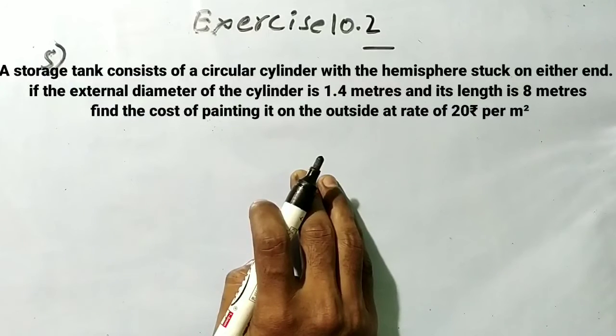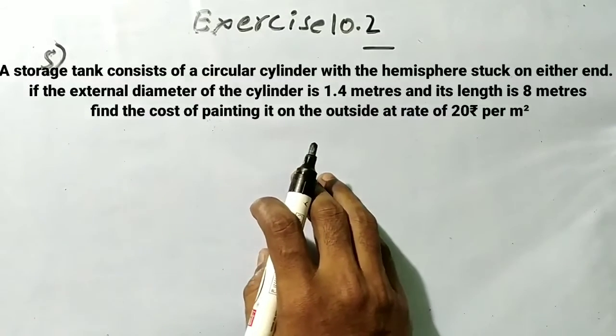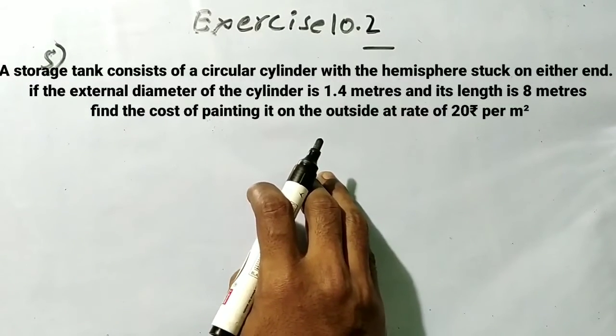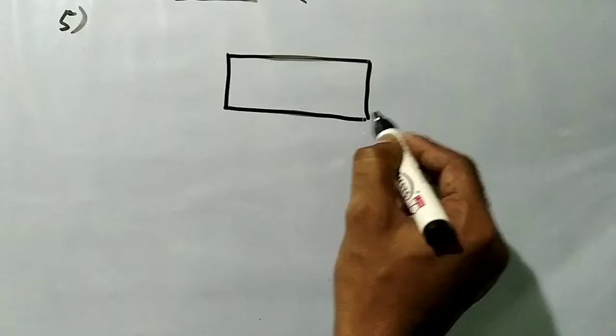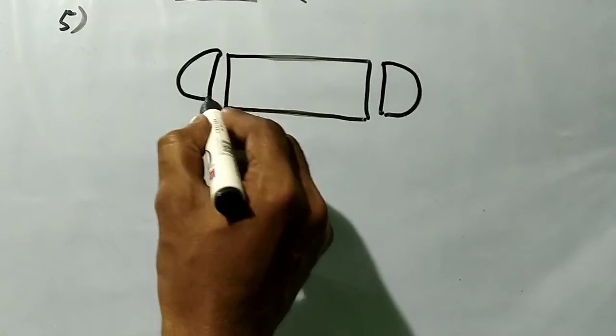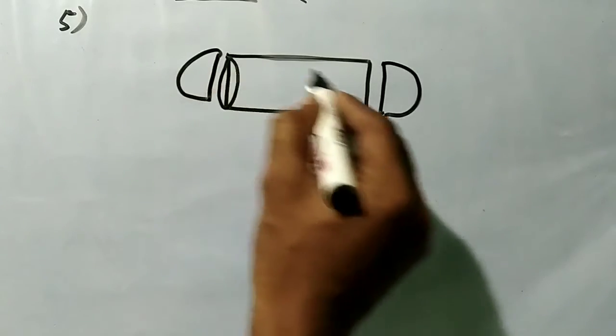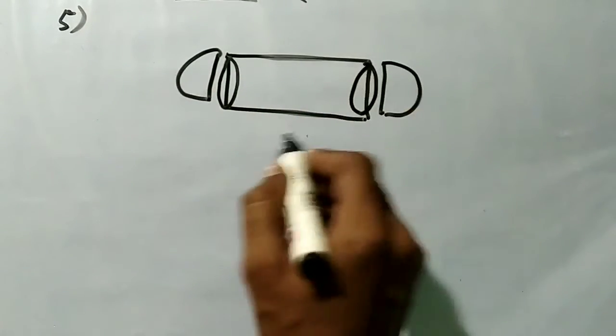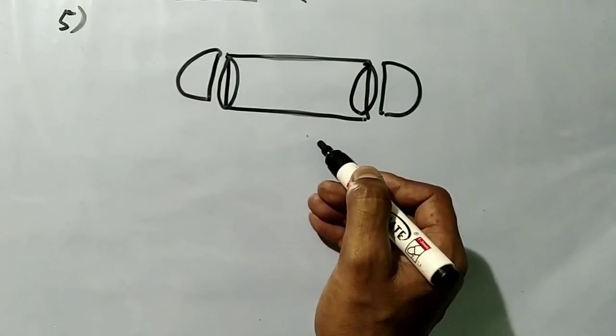I will solve this. One storage tank consists of a circular cylinder with two hemispheres. These are two hemispheres. This is the cylinder.